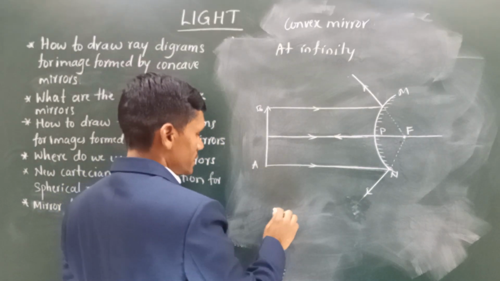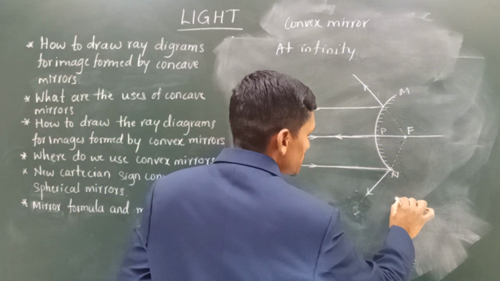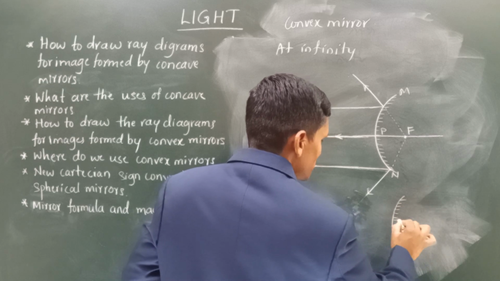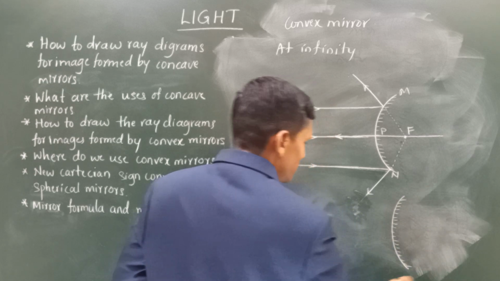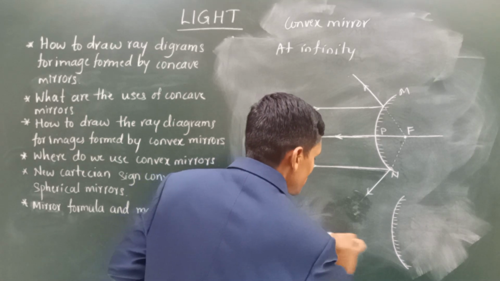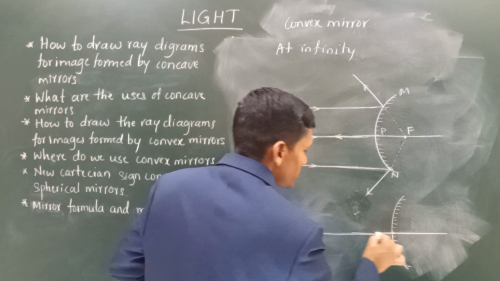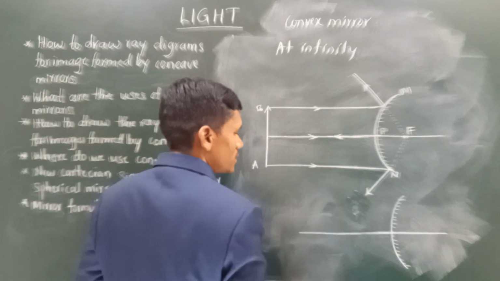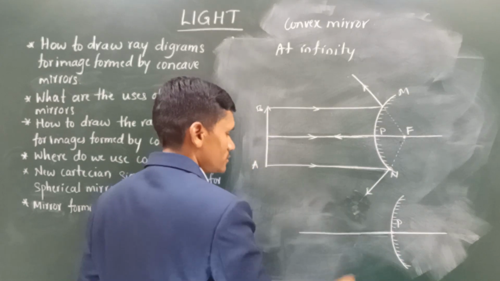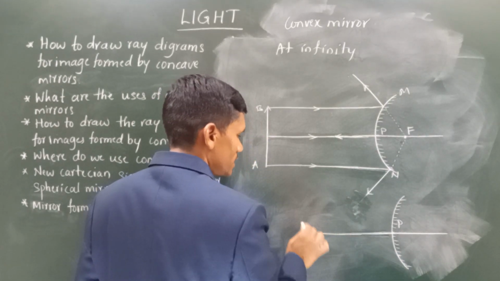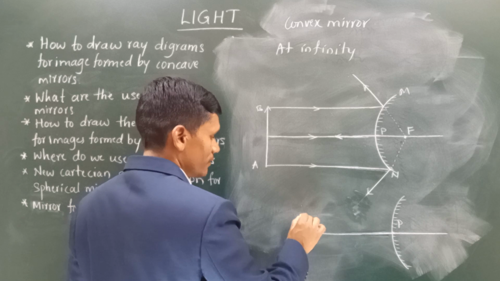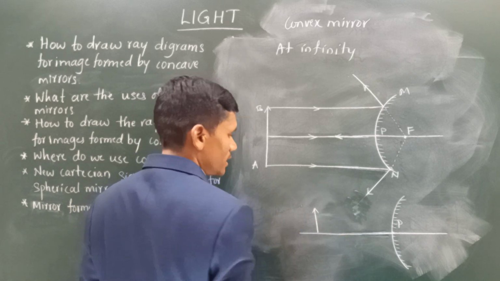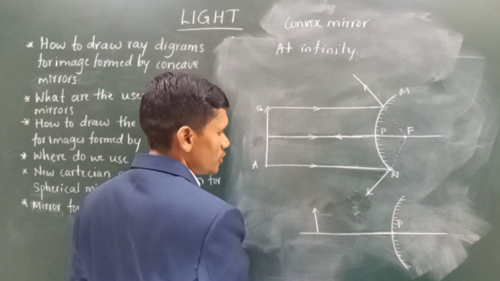Next case we have to consider is when the object is between infinity and pole of the mirror. Again you have to consider the principal axis, right? This is pole of the mirror. When the object is at a finite distance, between infinity and pole of the mirror, how do you consider?